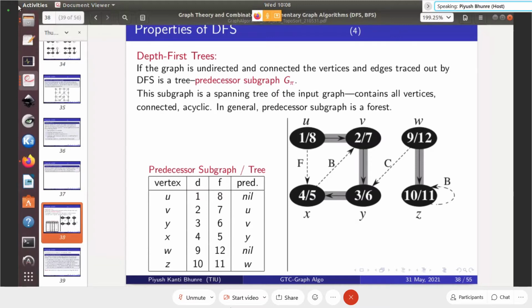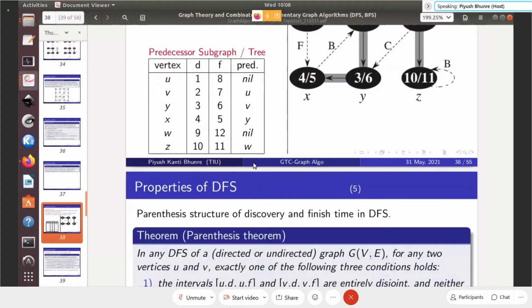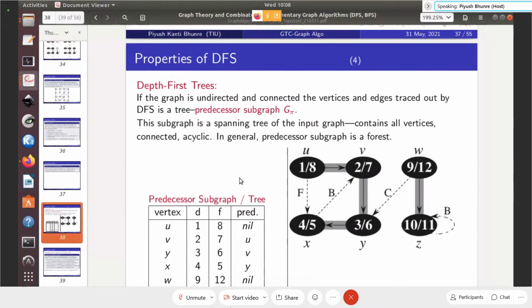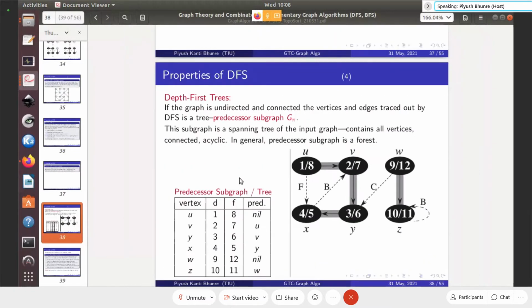Here some important characteristics are there for the DFS algorithm. In fact, if you look at other books, they usually don't use the discovery time and finish time, but in Cormen's book they use these particular properties to characterize the DFS algorithm, and it also has some nice applications.